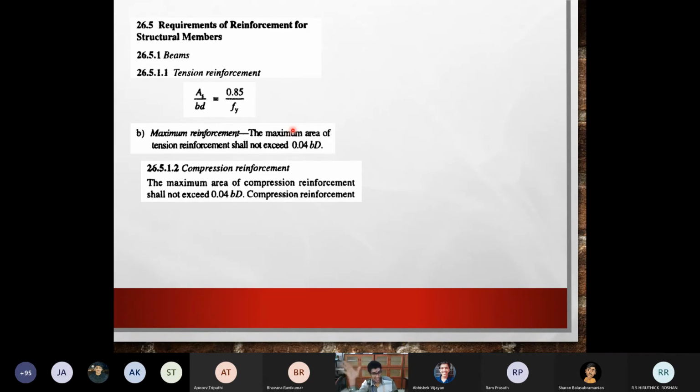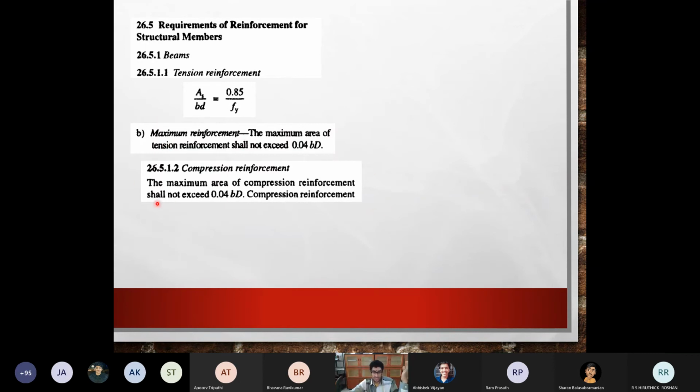That is a different criterion. This is different. The maximum reinforcement which you are giving shall not exceed 0.04 times the total area of the beam, B into capital D. This criterion is not given for the purpose of making the beam under reinforced. It is for the purpose of avoiding congestion. This is a different reason for a maximum reinforcement. It is not the same as the PT limit.